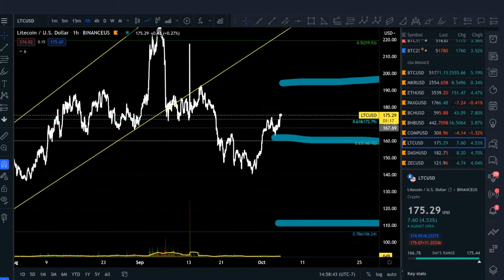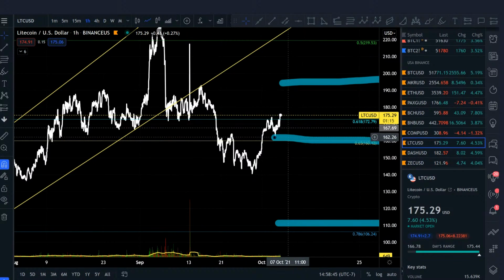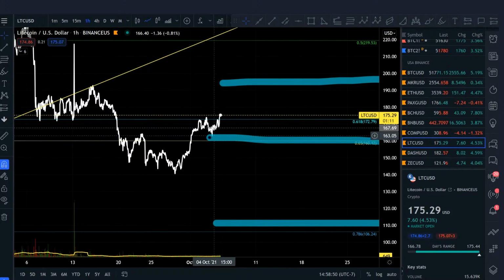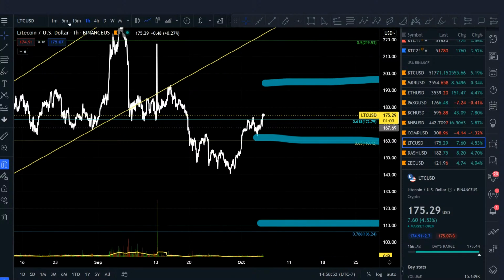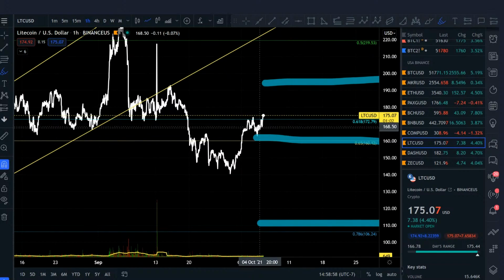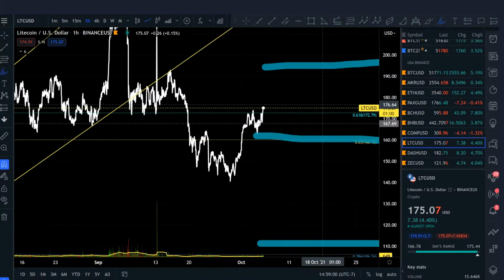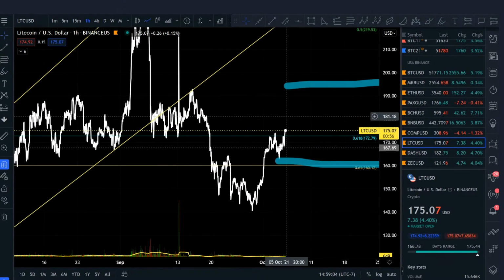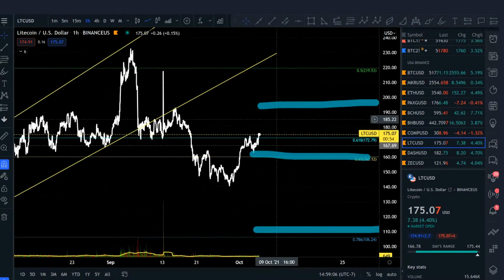Litecoin. All right, so what I was doing last time I drew this is the support, 162. So once we bounce off that support, heading towards resistance, obviously right here at 175, we're stuck there right now. And just trying to break through because Bitcoin is trying to break through 52,000, 53,000 tonight. So same thing applies.